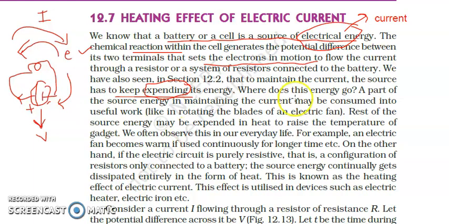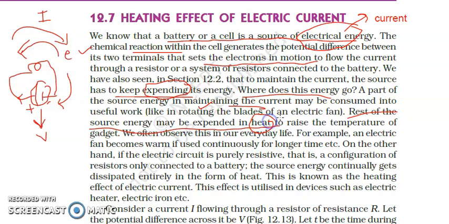Now where does this energy go? A part of the useful energy is maintaining the current. Whatever current has to be drawn from the battery, some energy has to be used up. So a part of this energy is used up in the current, and the rest of the source energy may be expelled as heat.